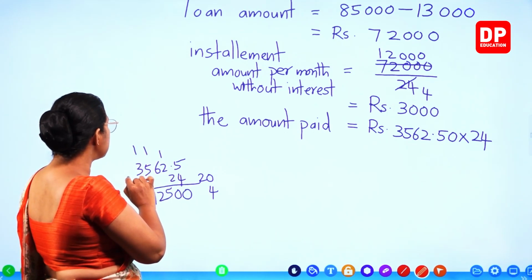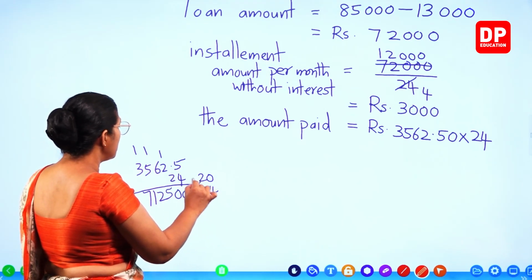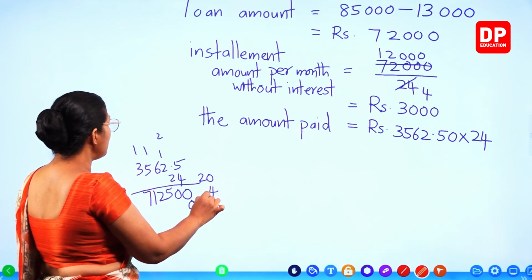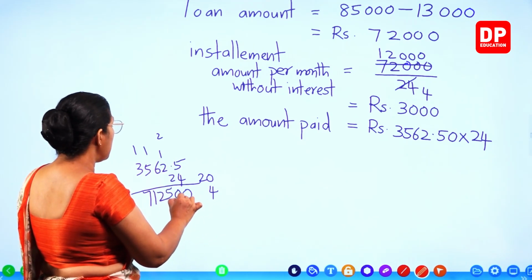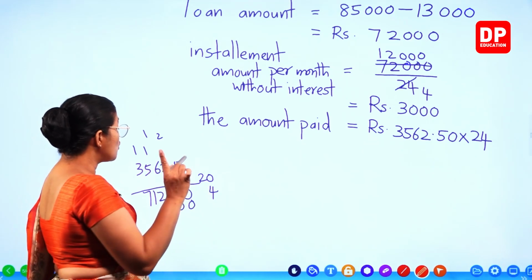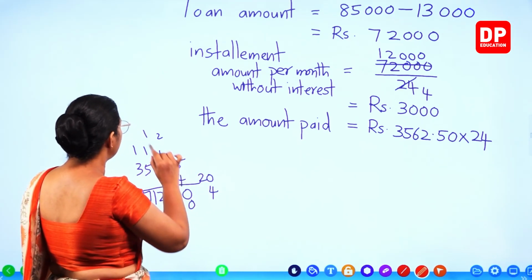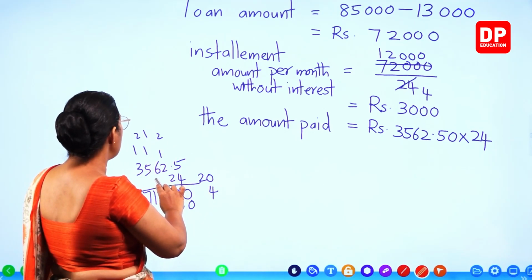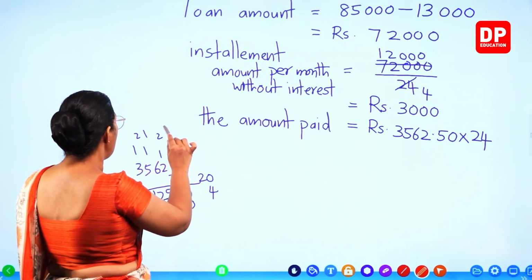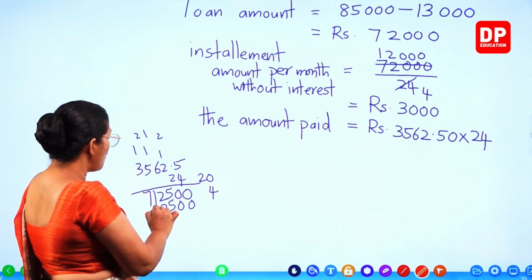And 2 times 3, 6 plus 1, 7. Then multiply by 4: 4 times 2, 8 plus 2, 10, 1 remaining. 4 times 6, 24 plus 1, 25, 2 remaining. 4 times 5, 20, 22, and 2 remaining. 4 times 3, 12 plus 2, 14.